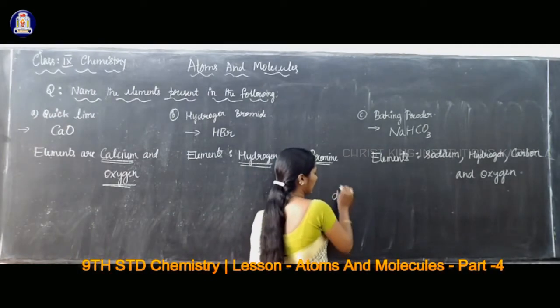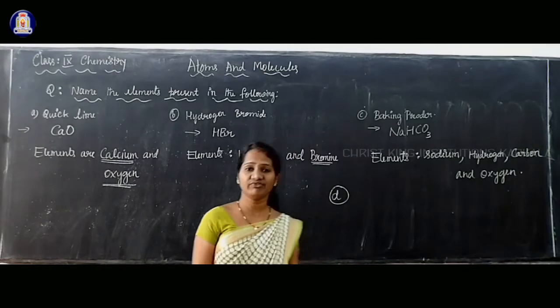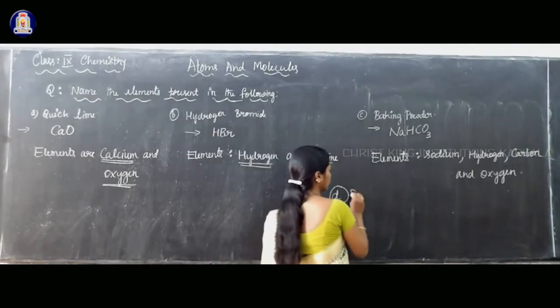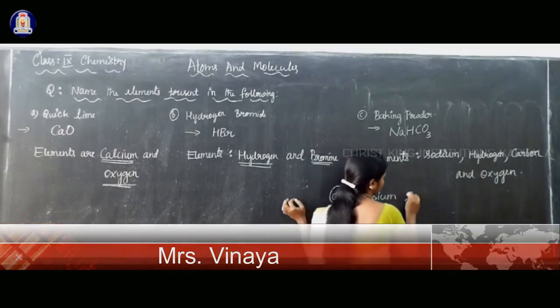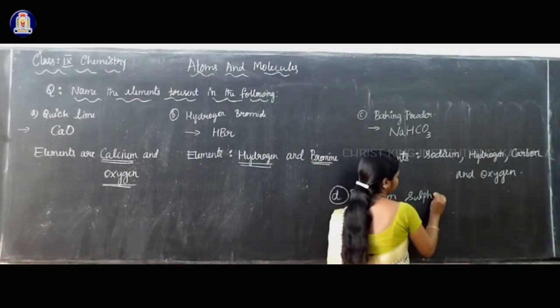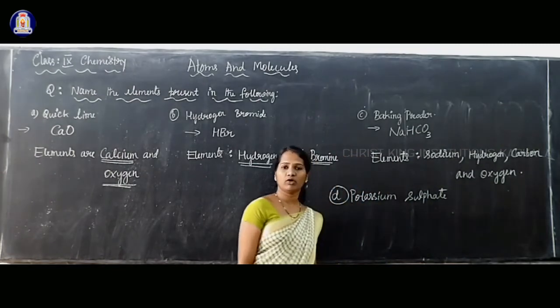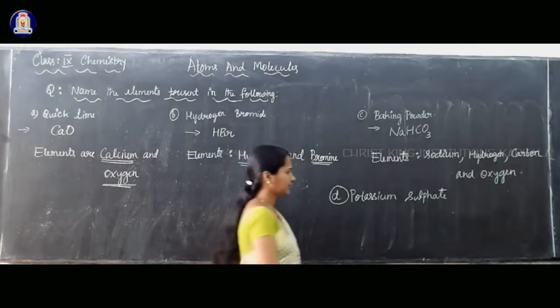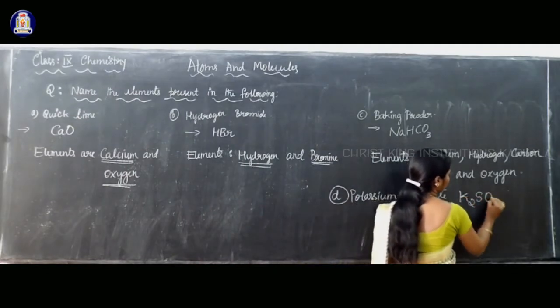Now move to the last question which is given, that is potassium sulfate. Its chemical formula can be written as K2SO4.